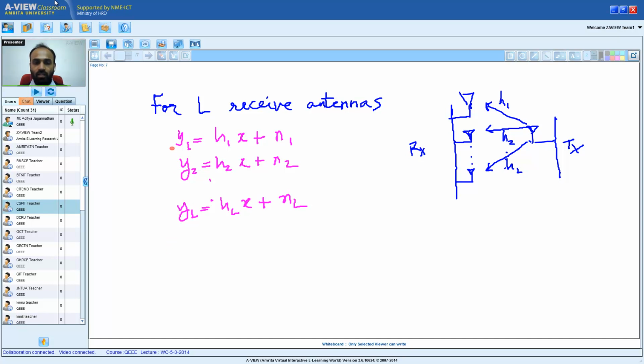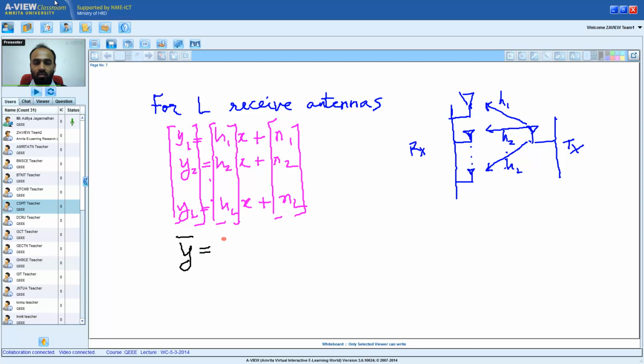Now I can write this as a vector, where I am drawing the brackets. So I am making a vector out of these things. My system model is now y bar equals h bar x plus n bar.